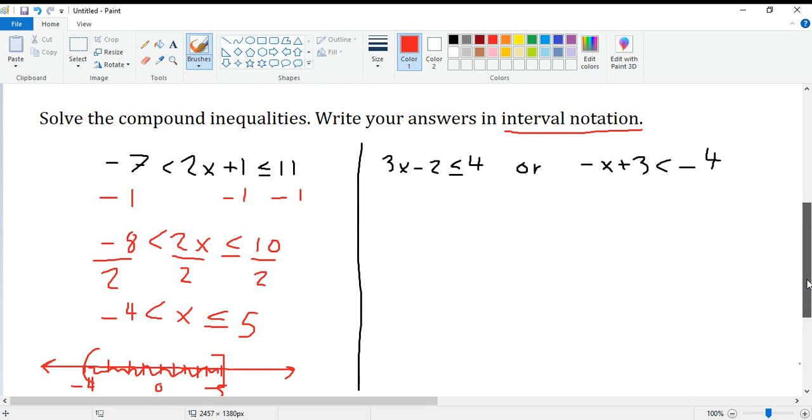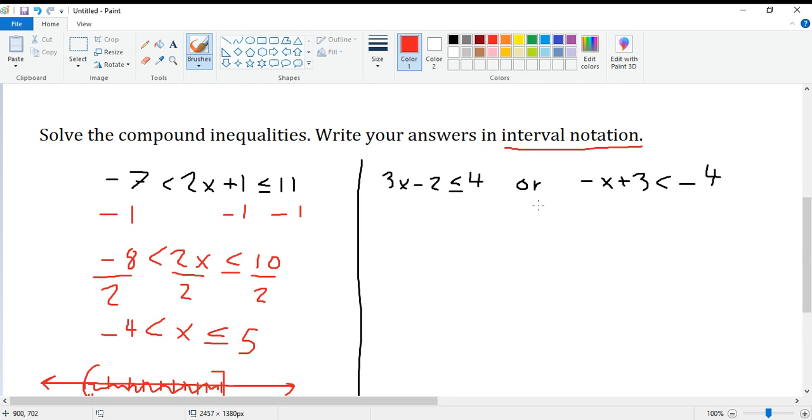And for our last example here, we're solving an OR statement. To do this, we're going to solve each inequality individually, just like we would otherwise. So for this first inequality, to get x by itself on the left side, we're going to add 2 to both sides. And then we're going to divide both sides by 3 to get a final answer that part of x is less than or equal to 2.